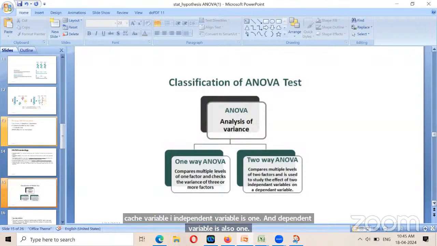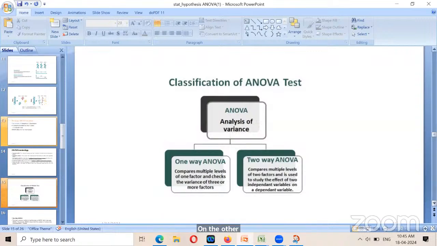On the other hand, in the two-way ANOVA, suppose my salary depends upon my education and number of years of experience. Okay, so my salary depends upon two variables, not only one variable, right? So the dependent variable is dependent on the two independent variables, right?